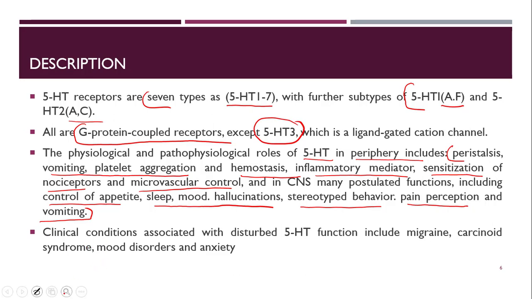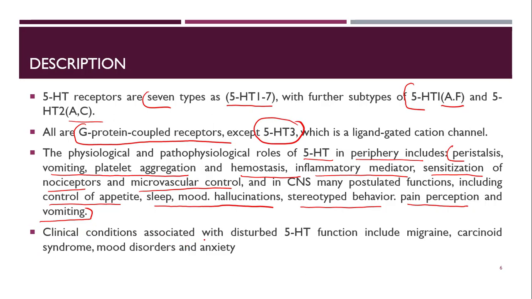Most of these functions are very important, because whatever drugs act on this serotonergic system, they either potentiate these effects or inhibit these particular actions. Like the specific drug that we have studied, ondansetron, it inhibits vomiting by acting on the specific 5-HT receptors.